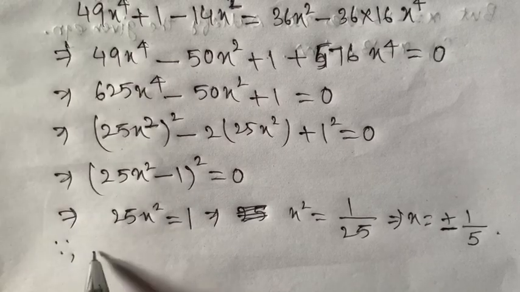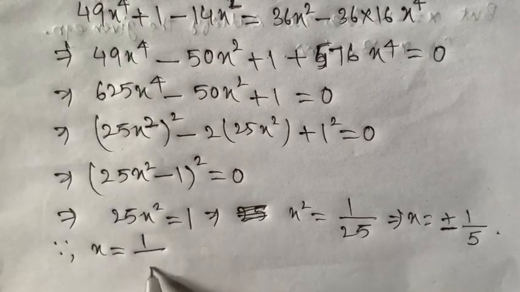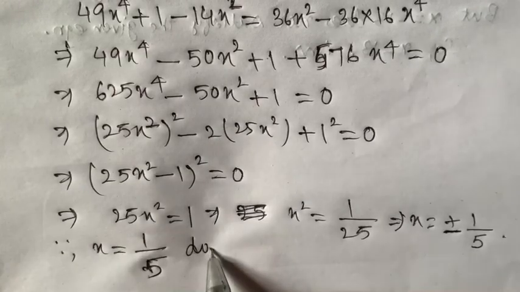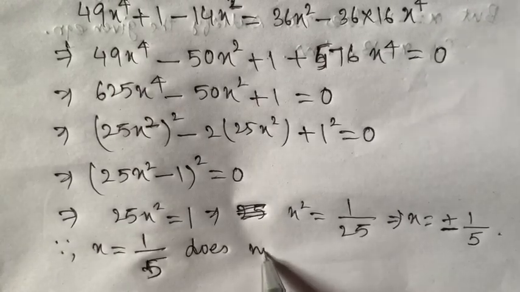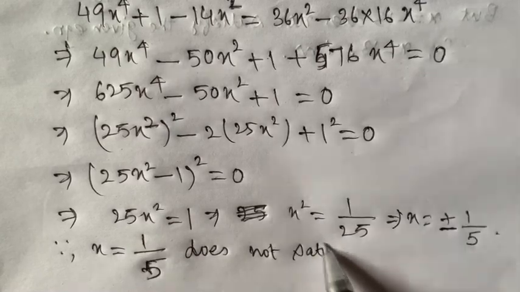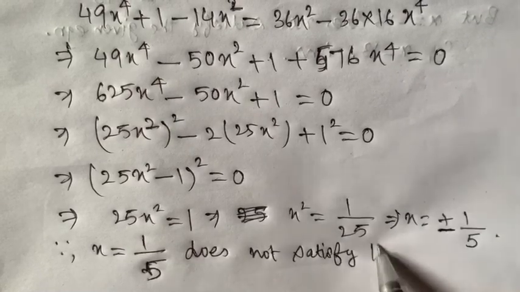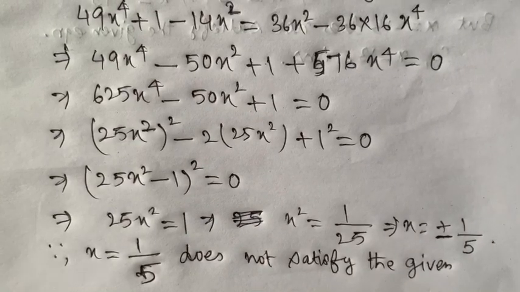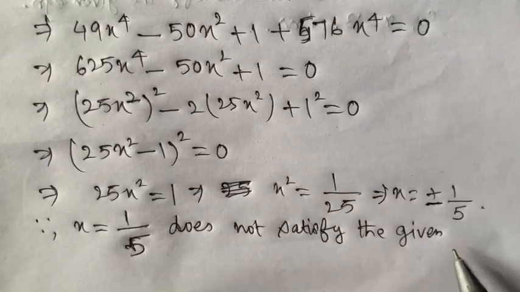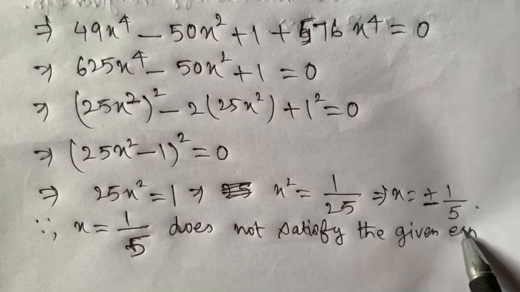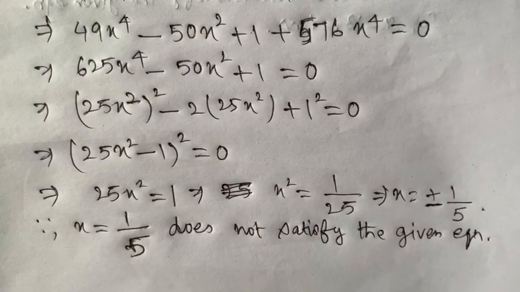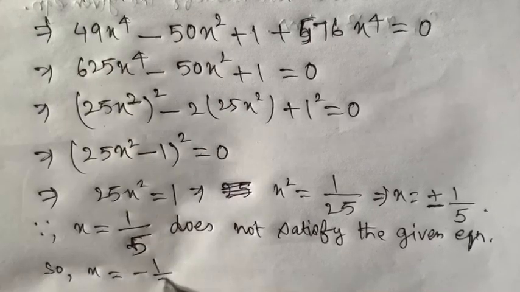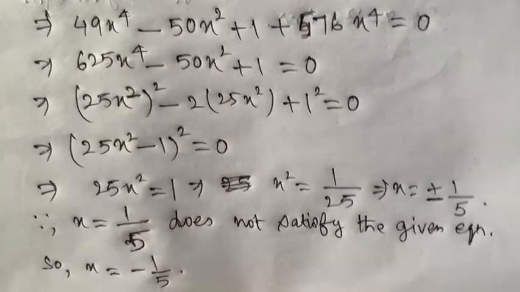Since x is equal to 1 by 5 does not satisfy the given equation, x is equal to minus 1 by 5 will be the answer.